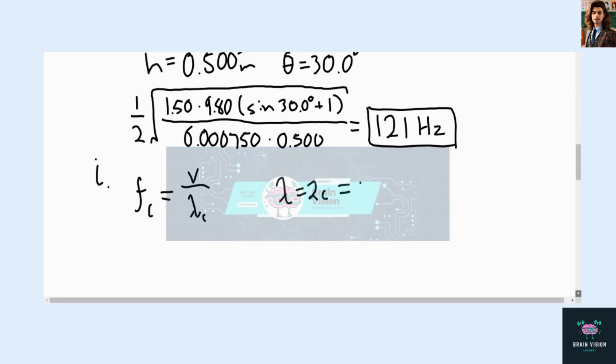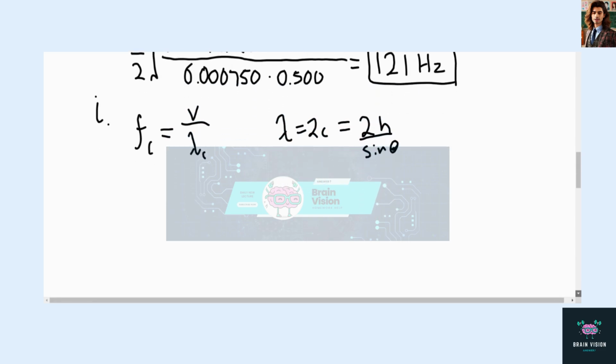So lambda becomes 2h over sine theta. And the string has not changed. It's still under the same tension and still has the same mu, so our v stays the same, thankfully. So that allows us to have a lot of the work done already.